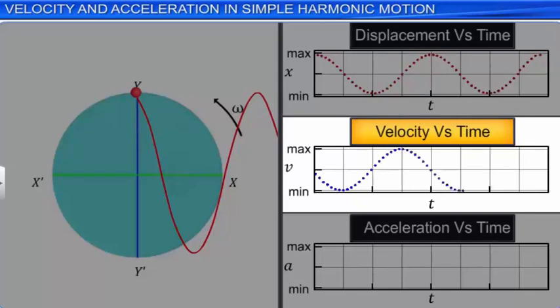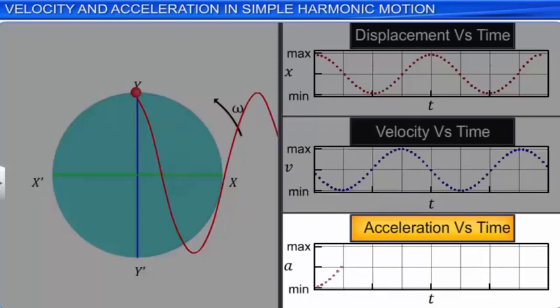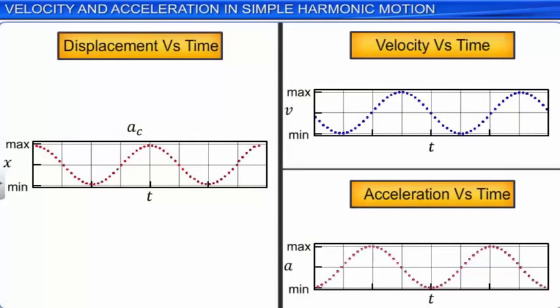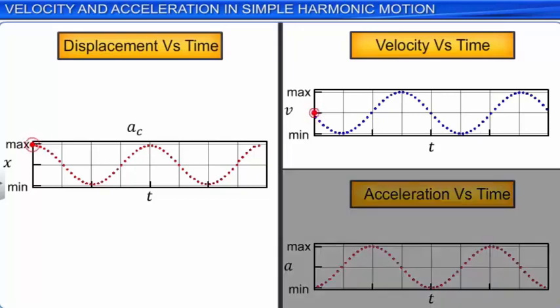The third graph is for acceleration versus time. From the graphs, we see that the phase difference between displacement and velocity is pi by 2 radian. The phase difference between displacement and acceleration is pi radian.